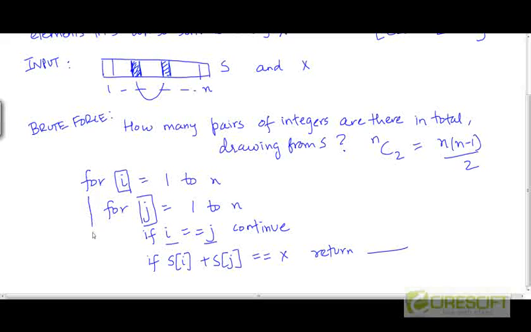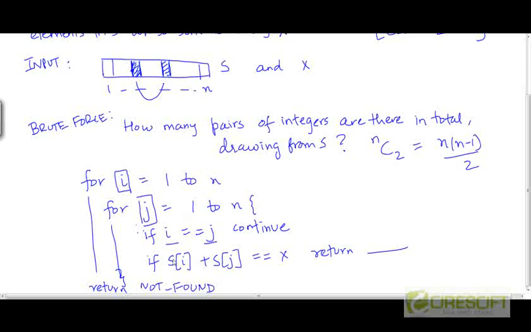And if at the end of this loop you exit the loop without returning in the middle, you'll return not found. So I'm using the indentation here to delimit blocks. This is the body of the inner loop.